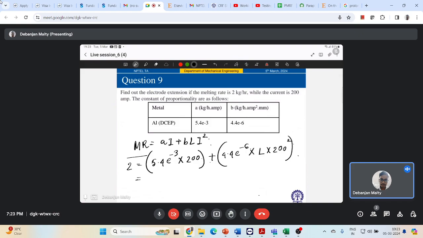I do not have a calculator here, but 5.4 into 200 is coming as 1.08, plus 4.4 into 4E4, which is 0.176 into L. So 0.176 L will be 2 minus 1.08, and from here I can get the value of electrode extension. As simple as that.